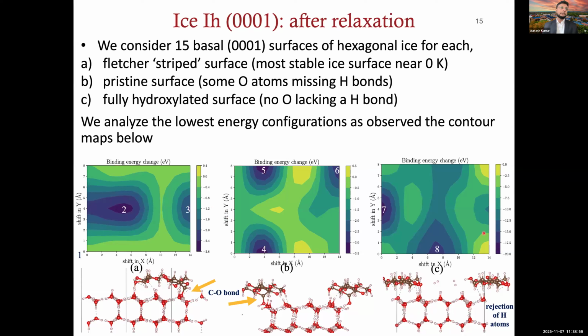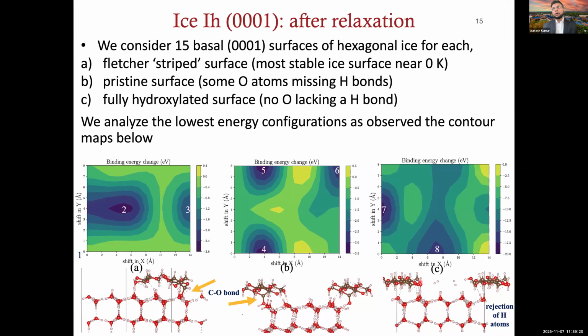One of the fascinating things we found in some of the cases is that we have cellulose attaching to the oxygen atom of these ice surfaces, leading to this C-O bond. So that was kind of interesting. And that pattern was actually very common in most of these low energy configurations.